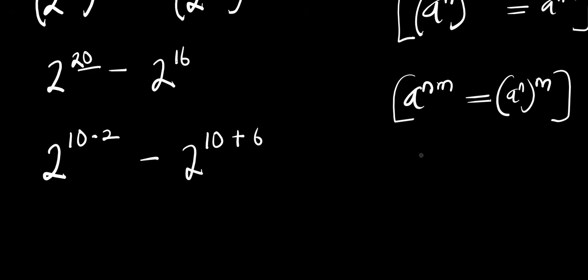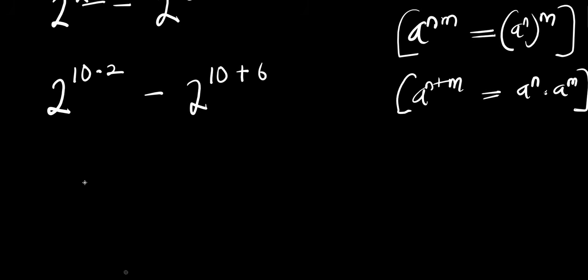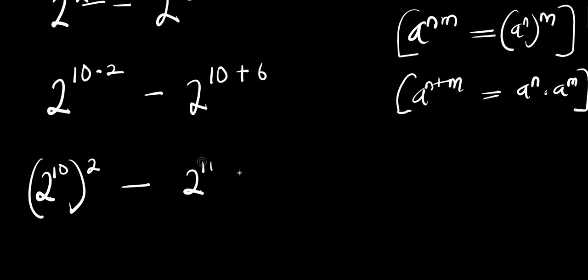And also, if you have a power m plus n, it equals a power m times a power n. So that means this is 2 power 10 raised to the power of 2 minus 2 power 10 times 2 power 6.